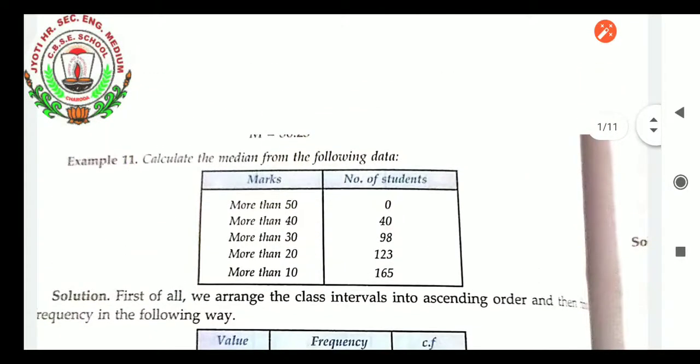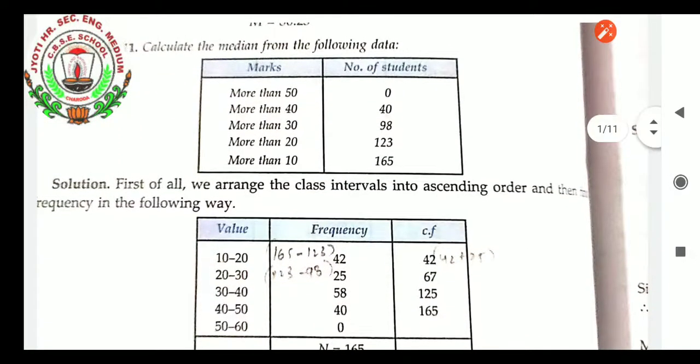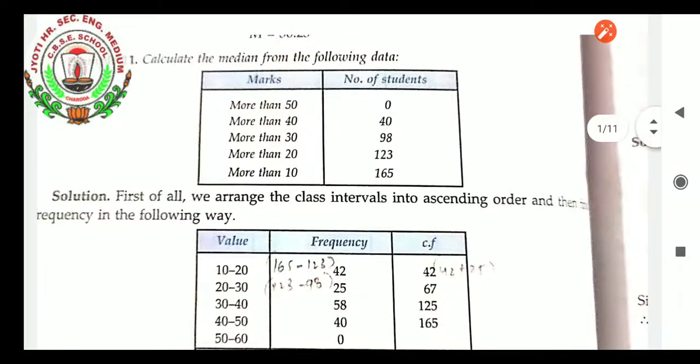First of all, this data is in descending order. Let me arrange it into ascending order, and then we will use the frequencies of the data. So let us arrange the data. More than 10 means, see here, first of all, the gap between the data. What is the gap? A 10 gap is there. So this 10 gap is very clear.